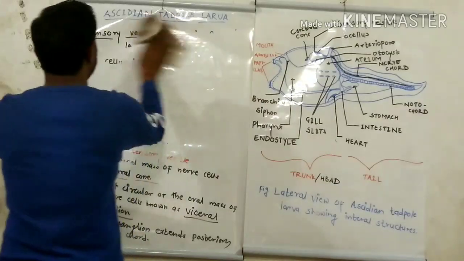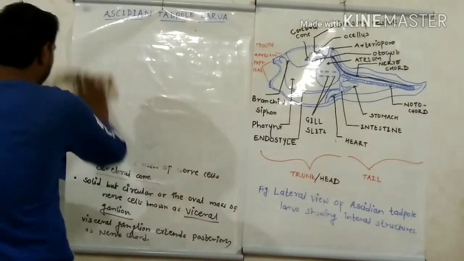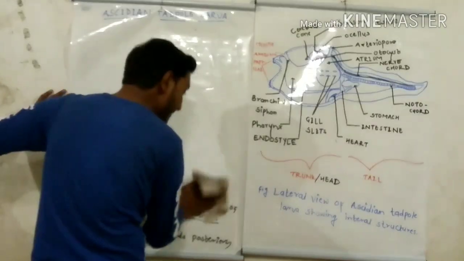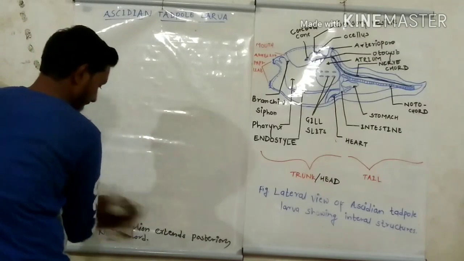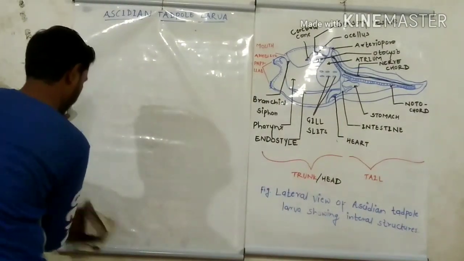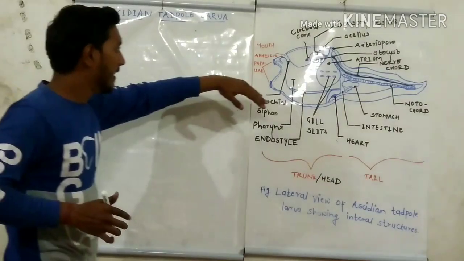We are studying the trunk part, and within this trunk part there is also another system, that is the digestive system of this ascidian tadpole larva. Remember again that it is the larva of Herdmania. Now what about the digestive system?